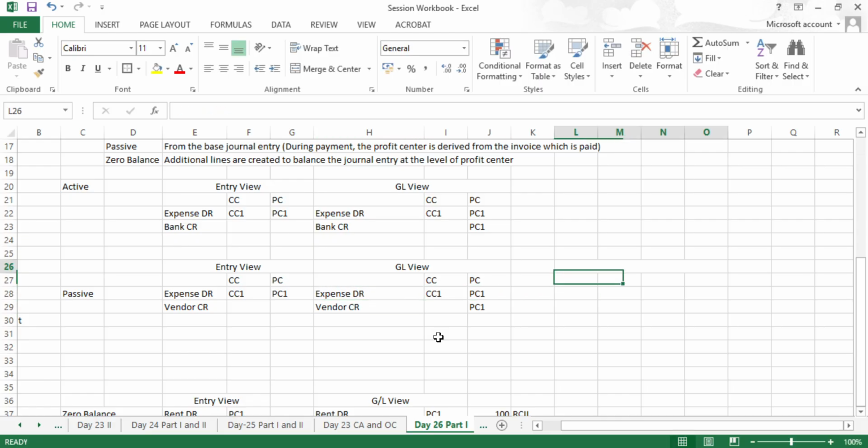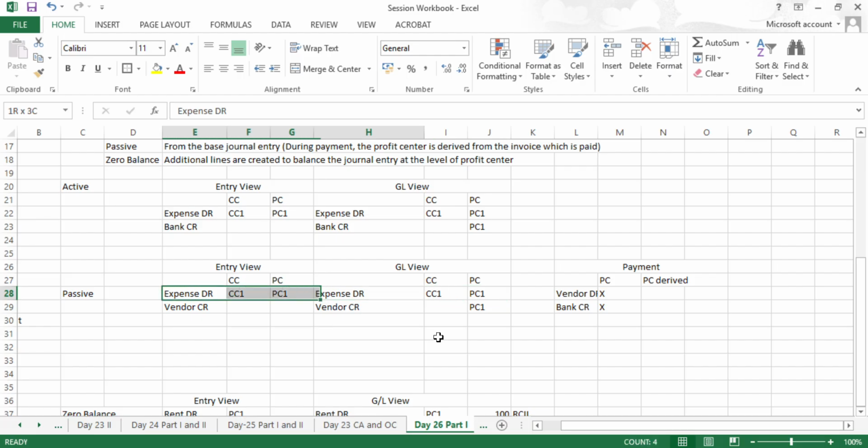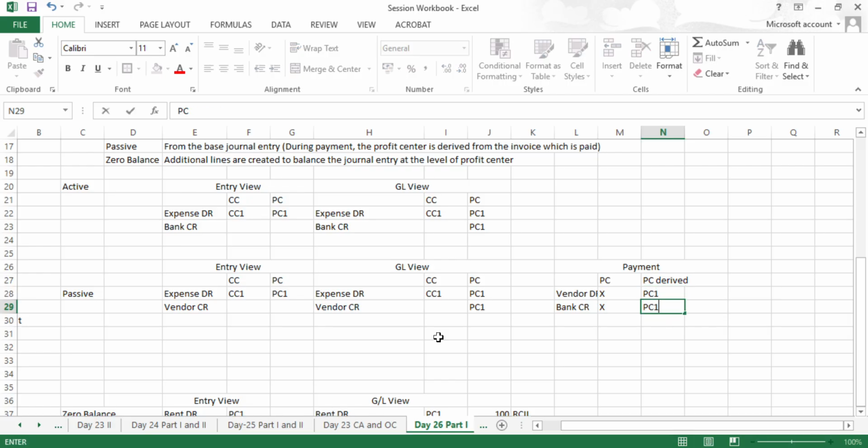When I am making the payment, then the entry will be vendor debit, bank credit. We do not put any profit center, but the system will derive the profit center from the invoice that is being paid. So we are paying this particular invoice wherein the profit center is PC1.